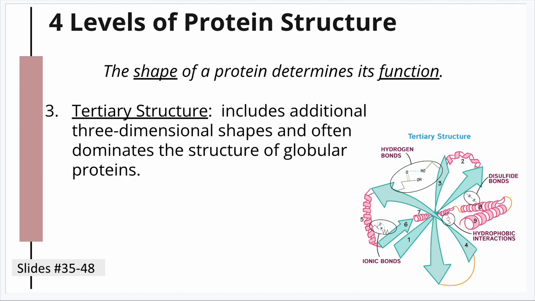The third structure is called the tertiary structure, and this is going to include more of a three-dimensional shape. You can see we have these R chains that can have different compounds and functional groups attached to them. So you're going to have different attractions.